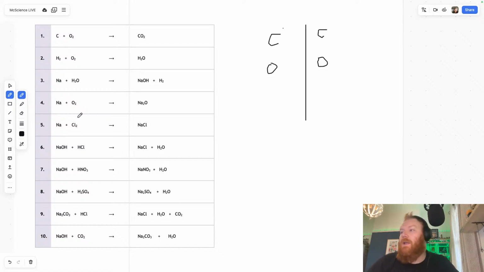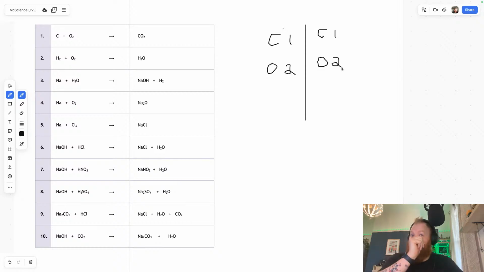So when we are balancing, on the left side, our reactant side, I've got one carbon and I've got 2 oxygens. And on my right side, I've got one carbon and I've got 2 oxygens. Now, in this first situation, I am balanced on both sides because I've got the same amount on each.